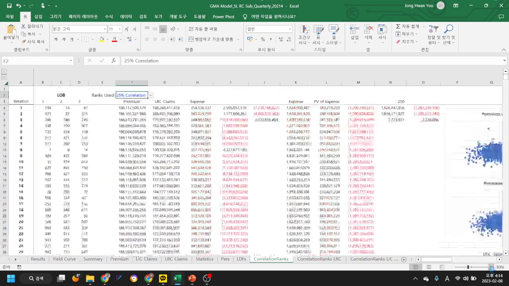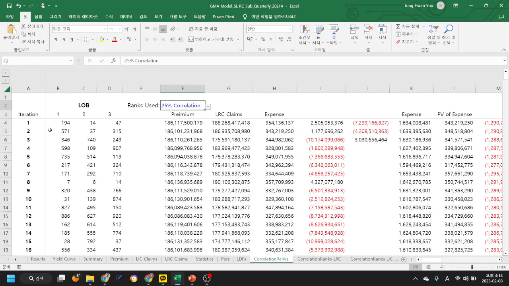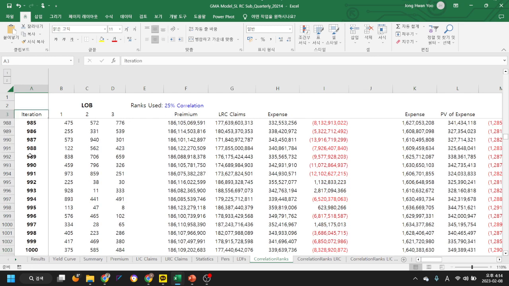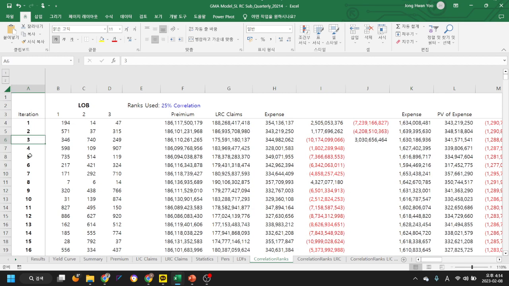Oh, it's too small. Let's say I have now finalized 1,000 different scenarios of all the different cash flows. There is a premium 1,000 scenario, a claims 1,000 scenario and an expense 1,000 scenario. And you have to apply the correlation among those three different cash flows. How are you going to do that?